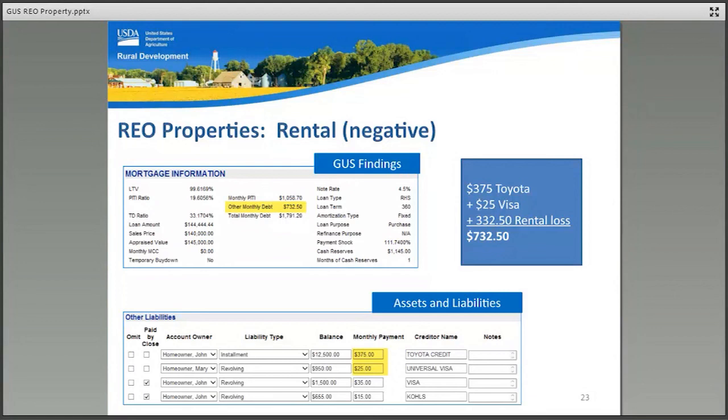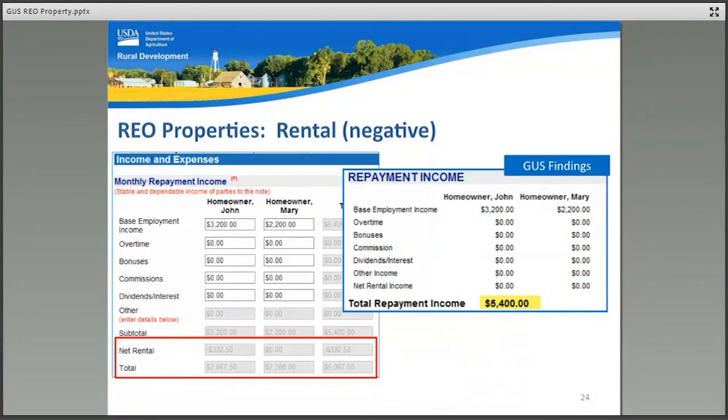Therefore, they're not included in this other monthly debt total. $375 plus $25 plus the net rental income loss calculated on the REO Properties page of $332.50 equals the total of $732.50. This would indicate the net rental loss is correctly entered into GUS and the applicant is not being charged again for the current mortgage liability associated with this rental property.